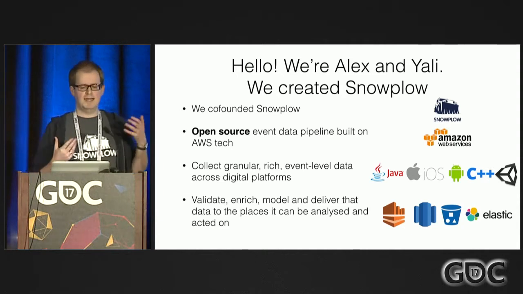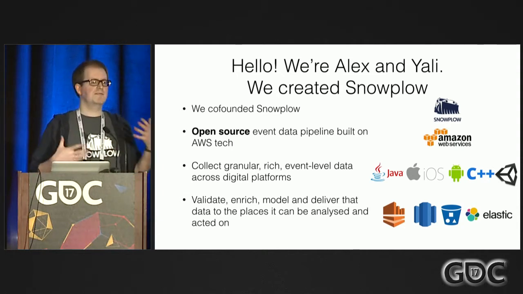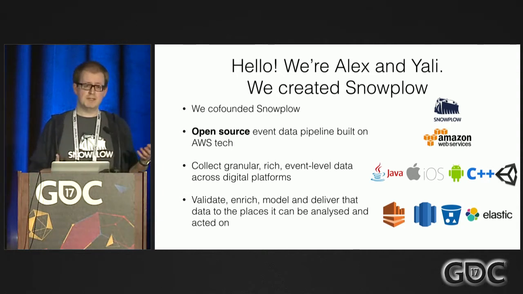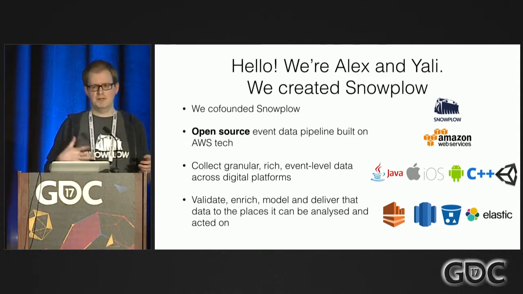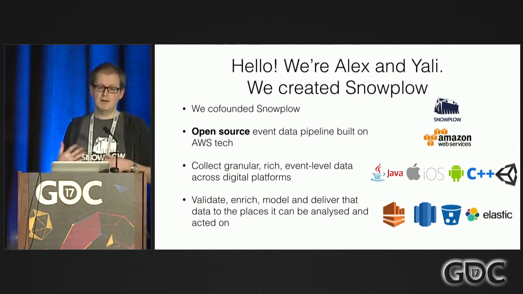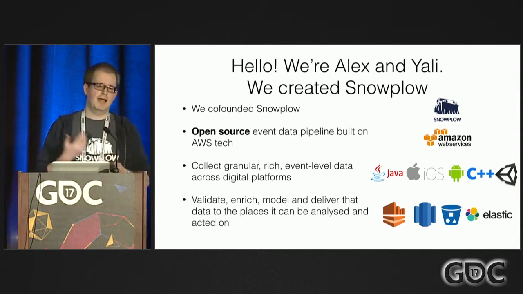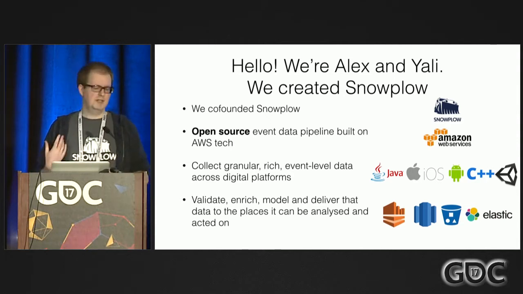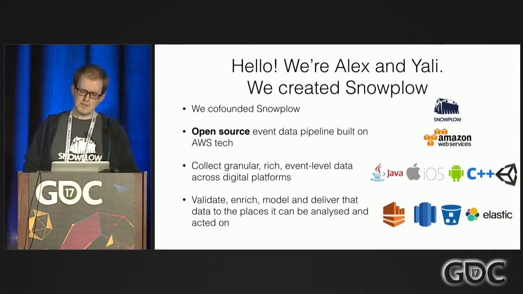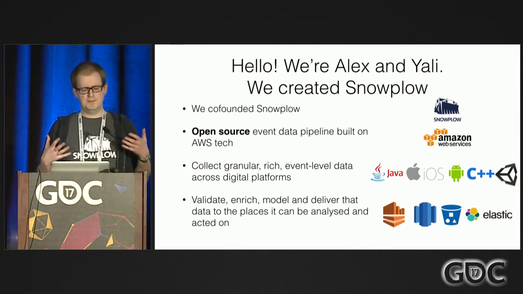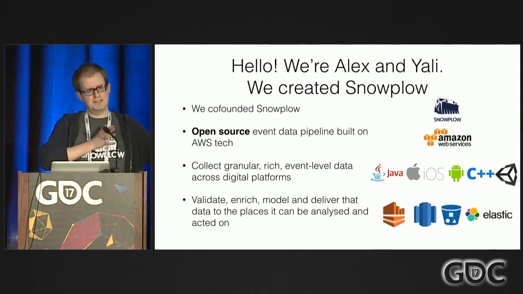So it lets you collect very granular, rich event level data. When we started, we just had a JavaScript SDK, but over the years, we've added lots more. So now from a games developer perspective, you've got C++, Android, Objective-C, Unity, Flash, Java, all that kind of stuff. And the Snowplow model has always been about a very compartmentalized flow.